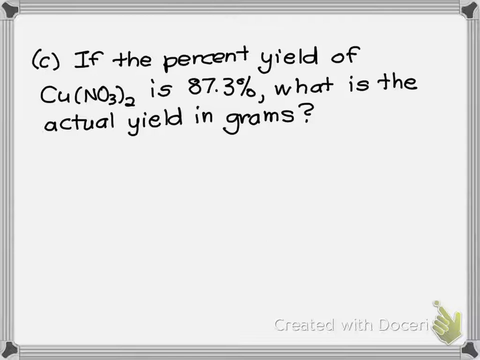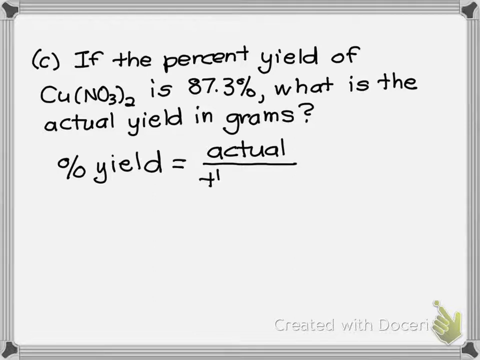Now the final question has something to do with percent yield, and the equation of percent yield is percent yield equals the actual yield divided by the theoretical yield times 100.